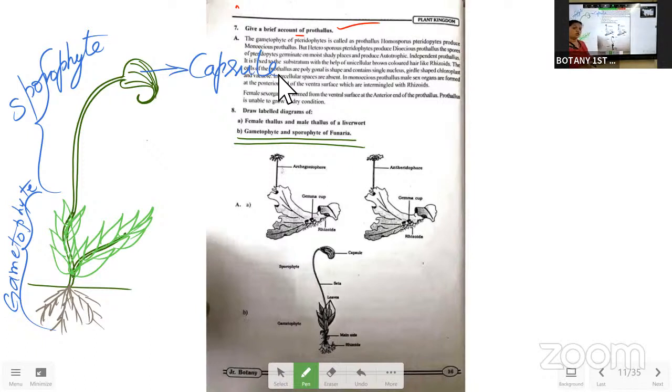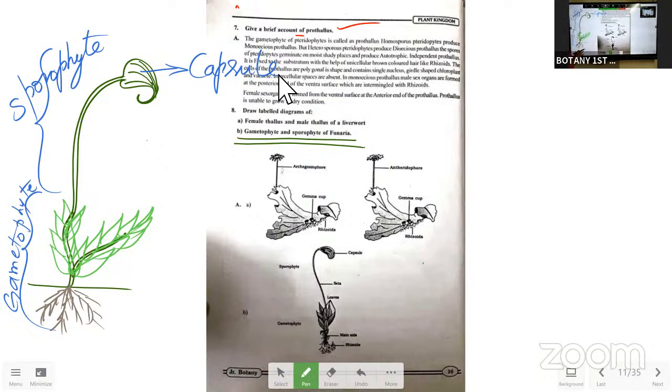In the capsule, spores are present. When spores are present in the capsule, this part is the sporophyte. Spore producing part is called the sporophyte. Easy to remember.